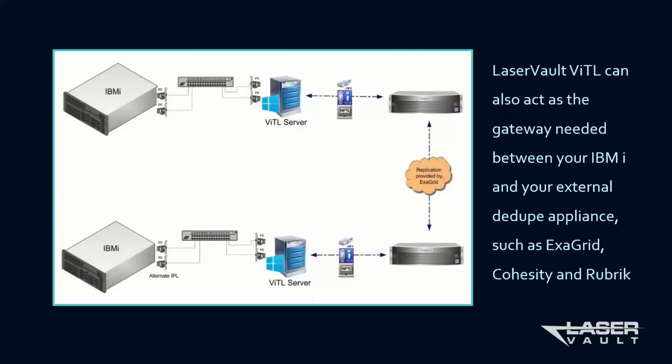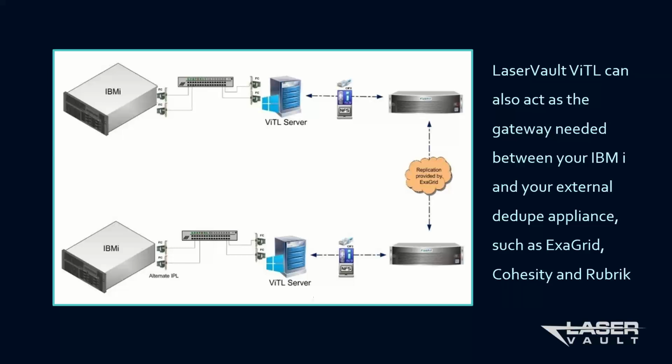Now, in addition to using the VTL server or ViTL with storage for your backups, we also work with other deduplication and backup appliances such as Exagrid, Cohesity, Rubrik, and many, many others that we could list, in terms of what you can back up to through our VTL solution: existing SAN or NAS storage, other deduplication appliances such as I mentioned here.